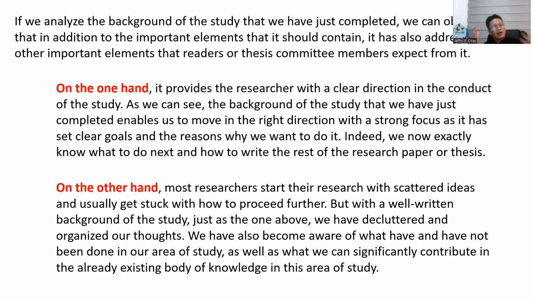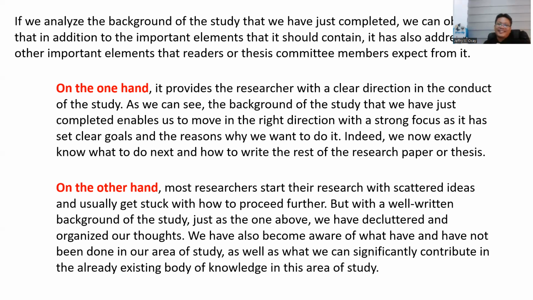And so in this case, obviously, we will be employing a qualitative research method with phenomenological research design, and we will be employing interviews as research instruments.